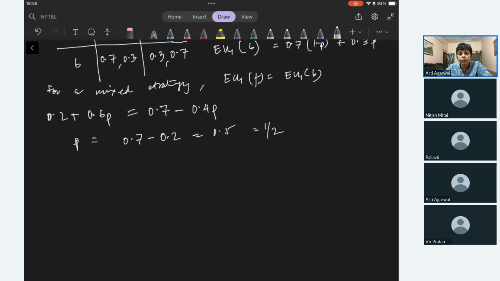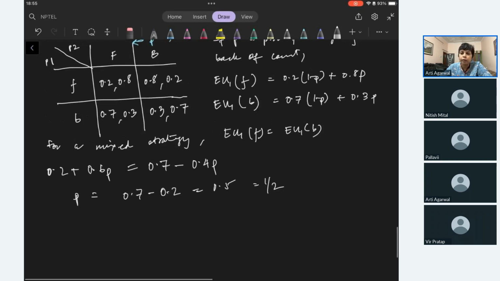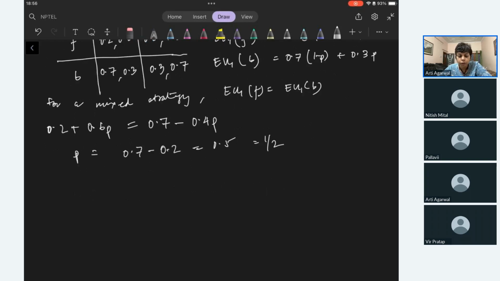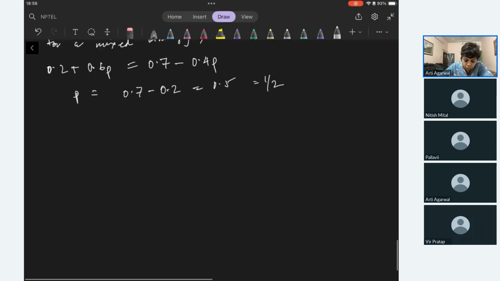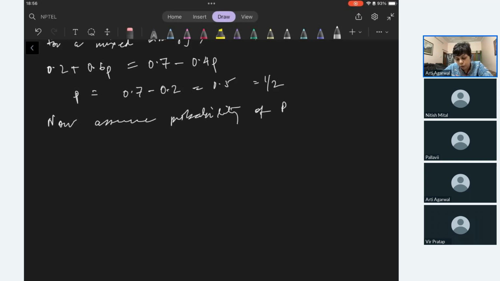So if the other person is equally likely to go to the front or back, I will randomly decide to hit the shot to the front or the back. Now we want to do this the other way around also, because this game is slightly different from, say, your chicken game. Now assume the probability of P1 going forward is Q. Okay.